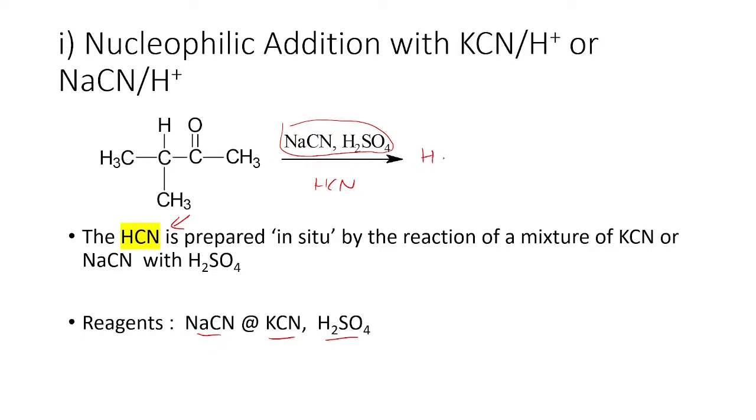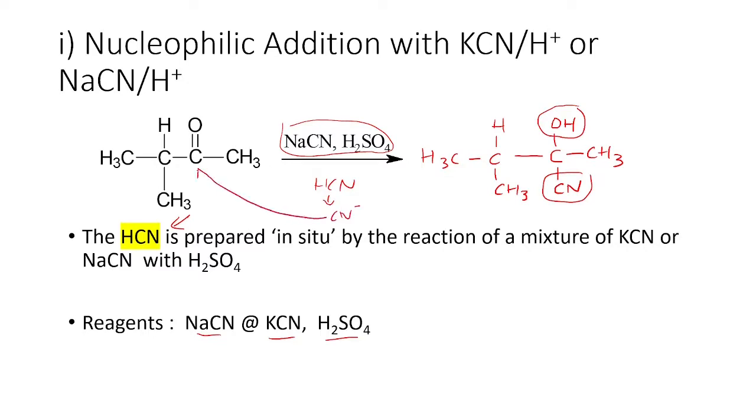So the product you will get, if I draw this, is CN, OH and CH3. Why is it like this? Because from HCN, CN minus will be attached to this one. The bonding will move to this part, and H will bond to this one. So you can see this is the product that you will get.